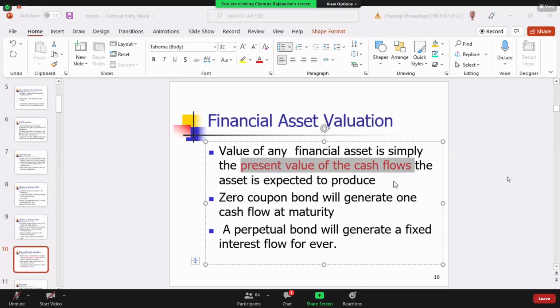Now, if it is for a bond, it's the coupon payment, right? If it is for a share, it's the dividend.